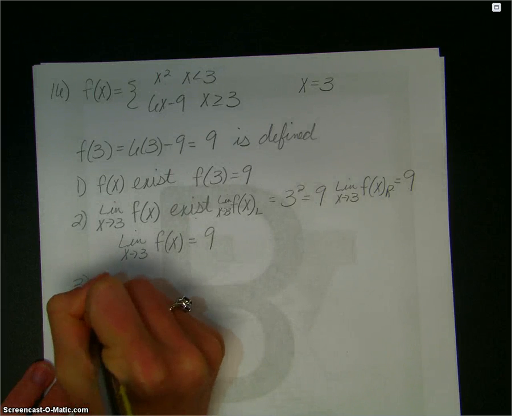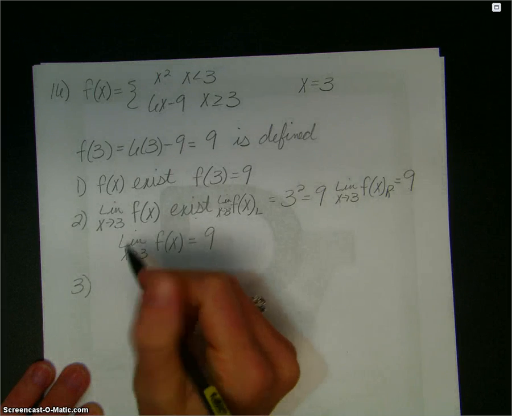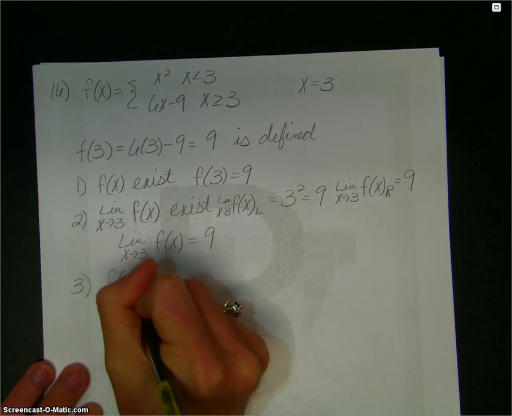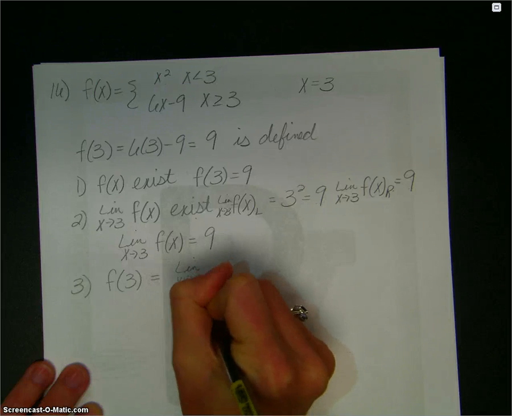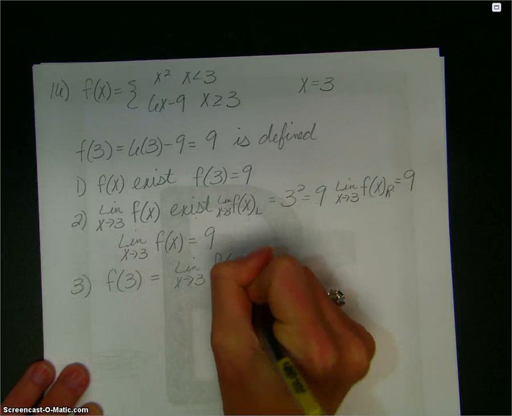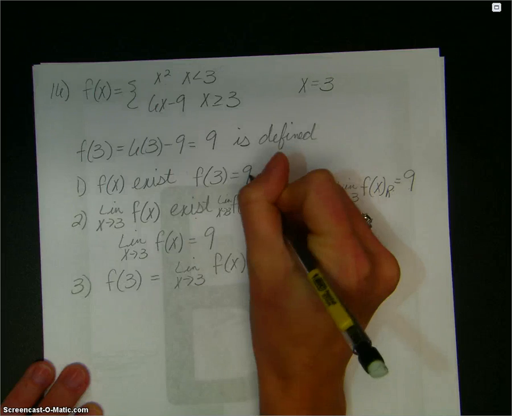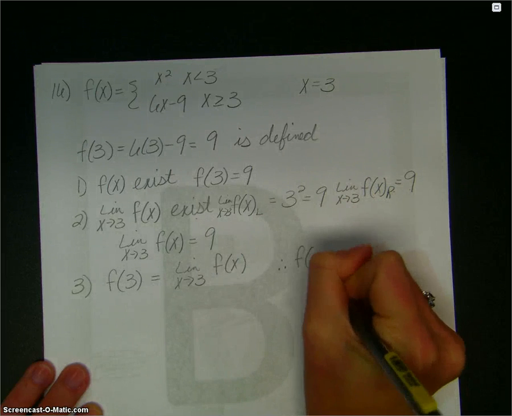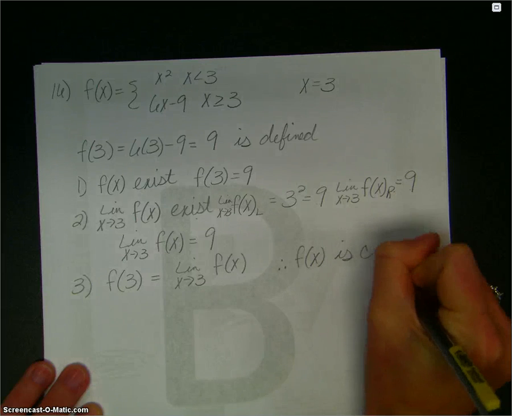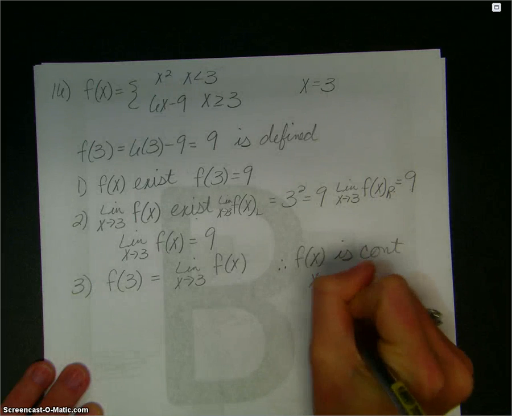And finally, I know that it is continuous because f of 3 is equal to the limit as x is approaching 3 of f of x. So both of them are 9. That means they're equal. Therefore, I know f of x is continuous where x is equal to 3.